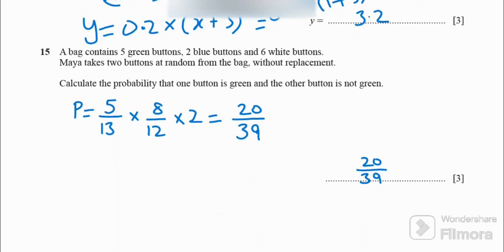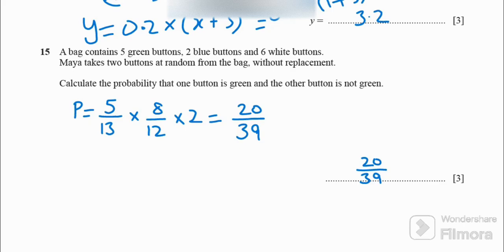Question 15 states a bag contains 5 green buttons, 2 blue buttons and 6 white buttons. Y takes 2 buttons at random from the bag without replacement. Calculate the probability that one button is green and the other button is not green. So probability will be, first will be green, so 5 over total buttons, which is 5 plus 2 plus 6, will be 13.